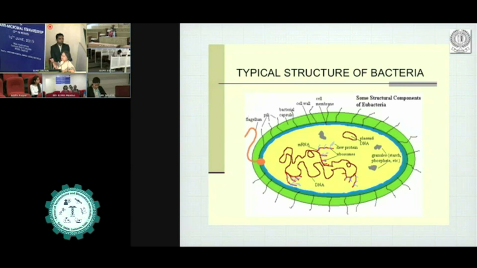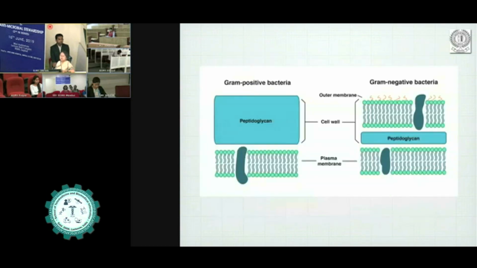That is the characteristic of prokaryotes. So it's the cell membrane that divides the cytoplasm and the cell envelope. And the cell wall has a very important role. As I have mentioned, it is responsible for the shape, size and cell rigidity.